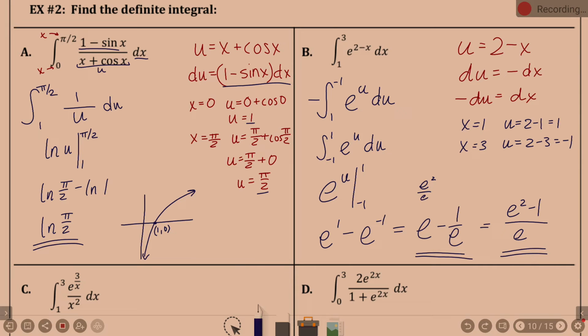So you just as easily could have said that this is going to be negative e to the 2 minus x evaluated from 1 to 3. And we wouldn't have to use u substitution. Now, are you ready for that? I don't know. I mean, that's a basic version, but just a thought there. Okay, moving on.